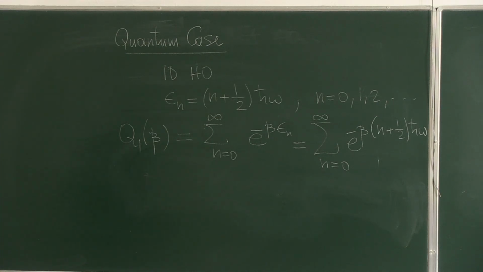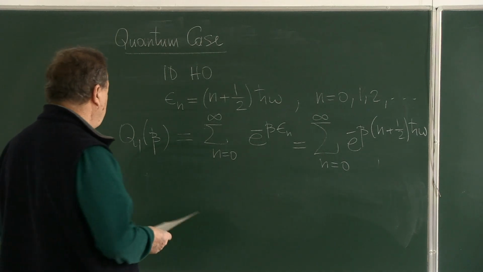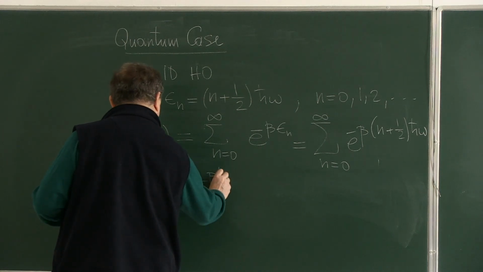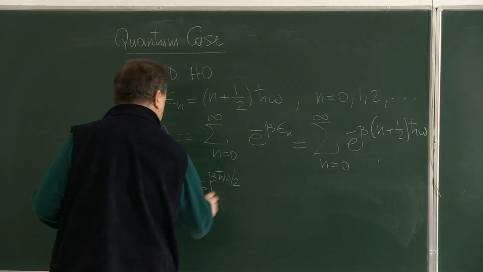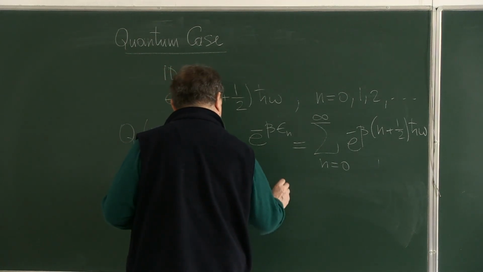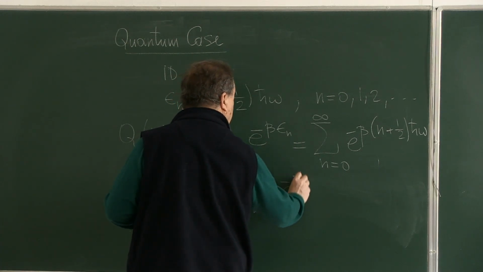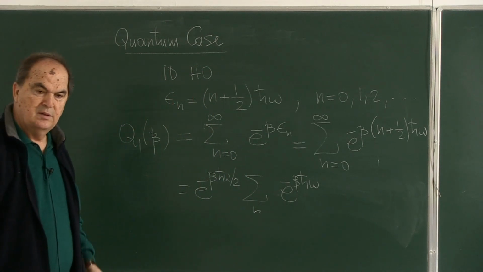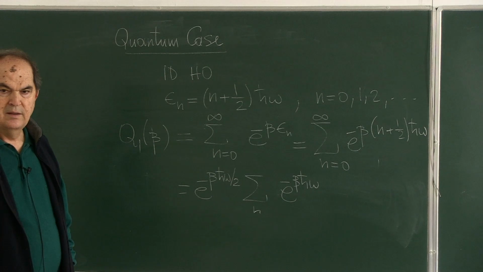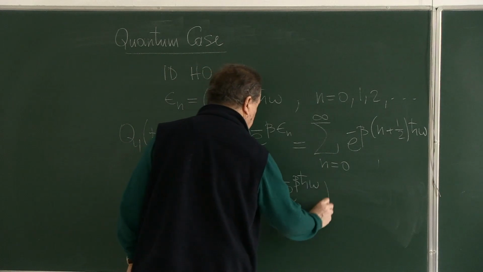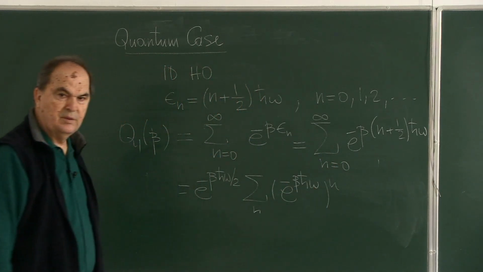There's a term that doesn't depend on n, the 1/2 term. We can take it out of the summation sign, so it is e to the minus beta h bar omega over 2, times the sum over n of e to the minus beta h bar omega, all to the power n. This n in the exponent is like taking to the power n, isn't it? So this is like a power series, and we know how to sum it. What is the result?